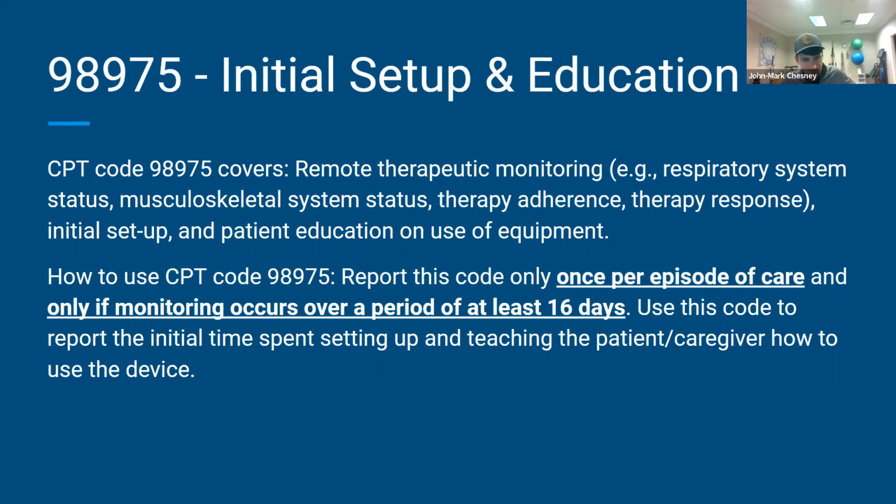That's when you're introducing to the patient the software and how you'll be using it, and giving them education on that initial understanding of how they need to log in and check off an exercise. And whatever software you use, it's going to be a little bit different. But the initial time spent to educate them is what goes into this code here, 98975.